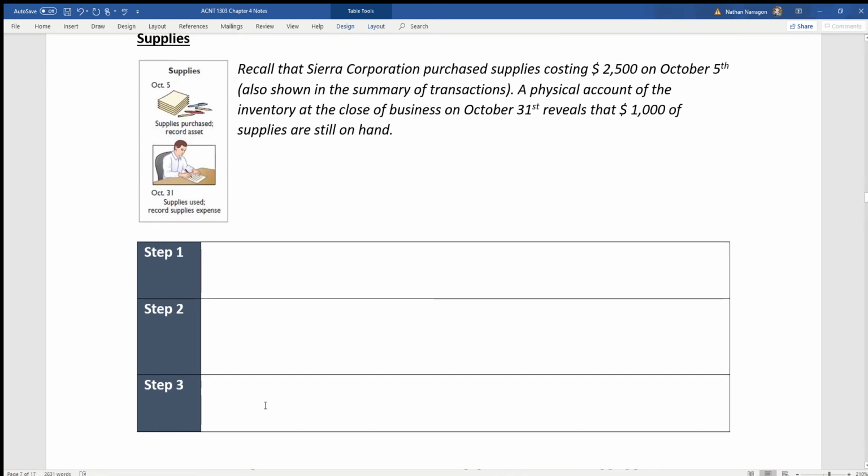And then at the end of the period, which happens to be only October, the book is giving us the example that a physical count of the inventory at the close of business on October 31st reveals that $1,000 of supplies are still on hand.